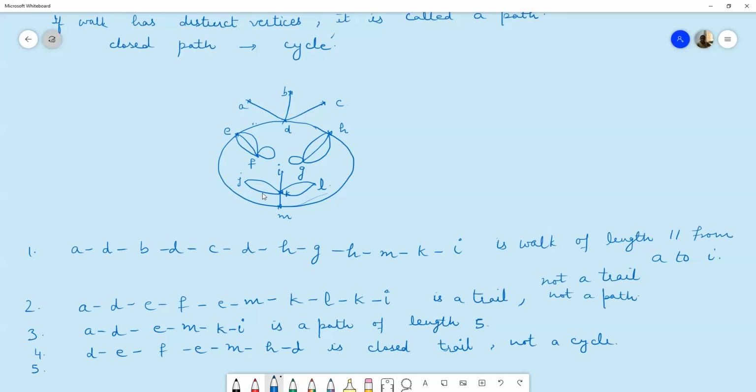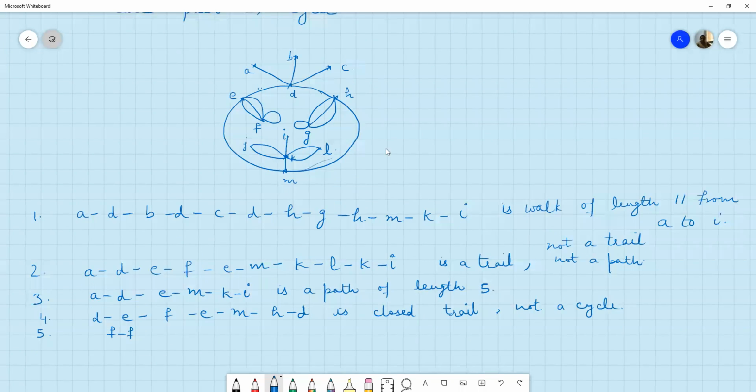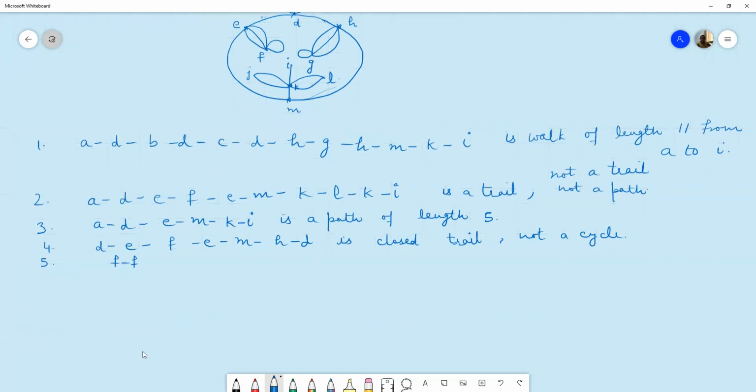And if we take F to F, this loop, F to F, this loop G to G, then F to F, G to G, and if we take E to F to E, now we have this E to F along this edge and F to E along this edge.